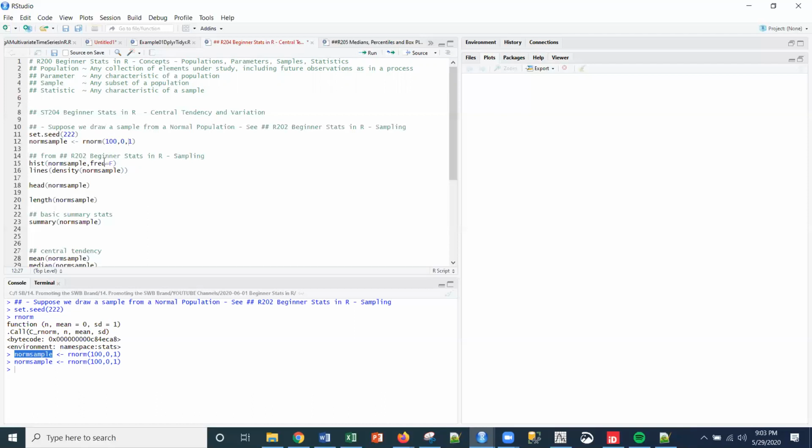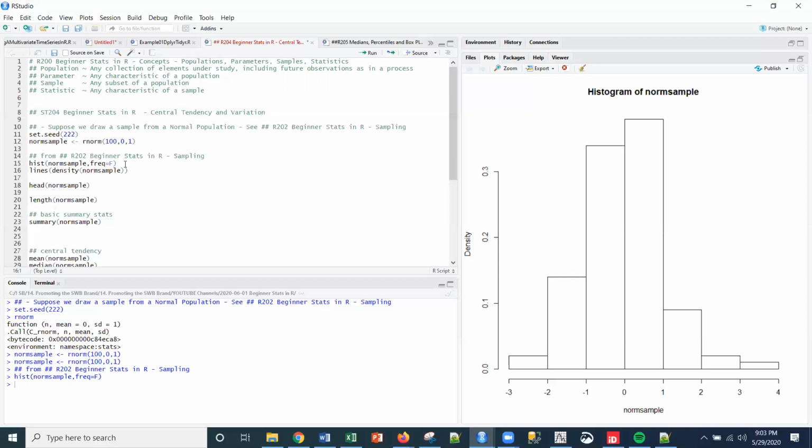If you joined me in R202, we drew a picture of what this distribution looks like. There's the histogram, and then there's the actual overlay, the kernel estimated density for this histogram. So that's what that looks like.